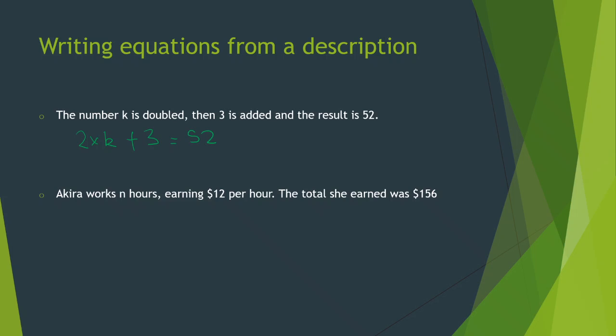Akira works N hours, earning $12 per hour. So sometimes you need to think about this as well. So if Akira works N hours, she's making $12 per hour. So that's multiplied by 12. Okay, her total earning was 156.